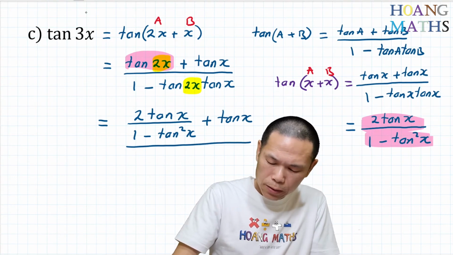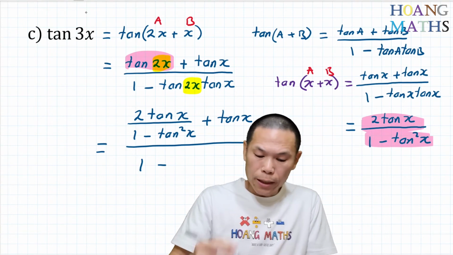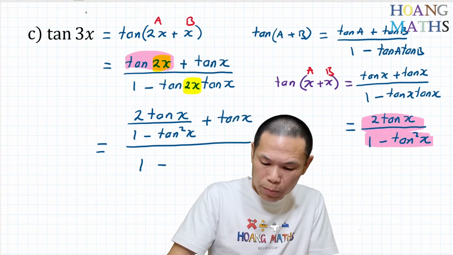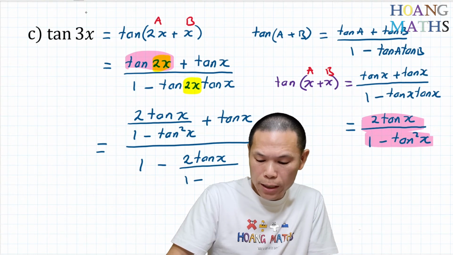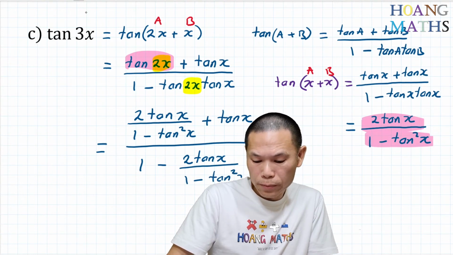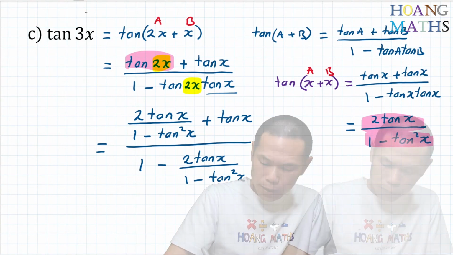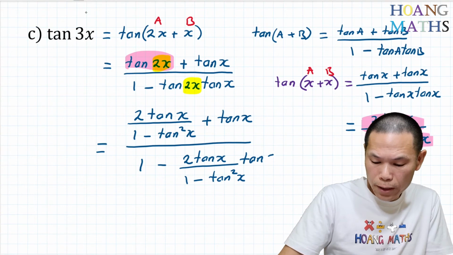Over 1 minus, let me just write equal here. And tan of 2x, of course, well, let me just write it out. That will give me 2 tan of x over 1 minus tan square of x. And don't forget, we times by tan of x. So that times by tan of x.